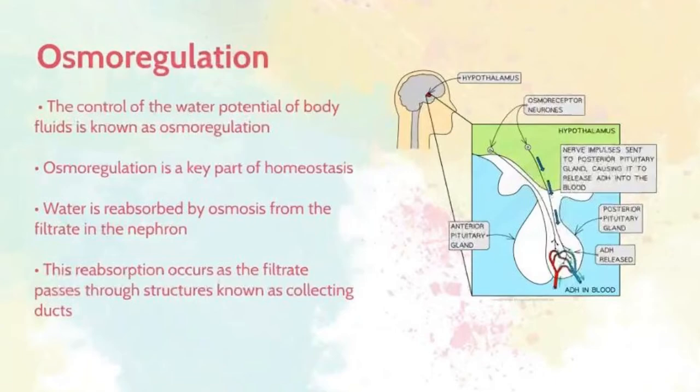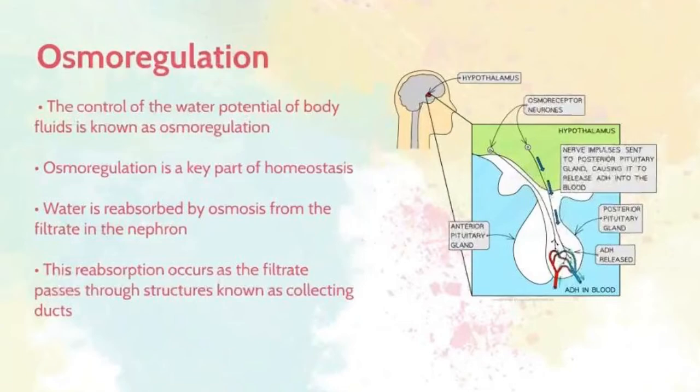And if the osmoreceptors detect a decrease in water potential of the blood, nerve impulses are sent along these neurons to the posterior pituitary gland. So a few new terms there. We have osmoreceptors, so these are specialized sensory neurons which monitor the water potential in the blood. They are located in the hypothalamus.